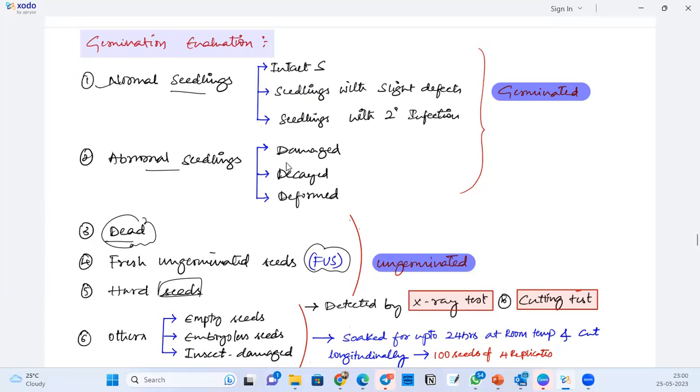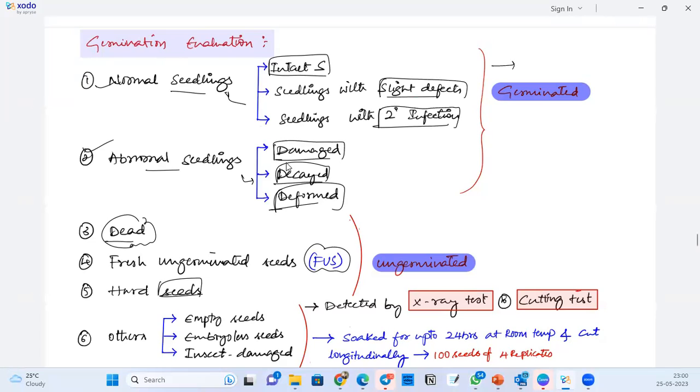Abnormal seedlings are those that are damaged, decayed, or deformed. Normal seedlings are intact, or have only slight defects, or only secondary infection. These are counted as normal to give the germination percentage.